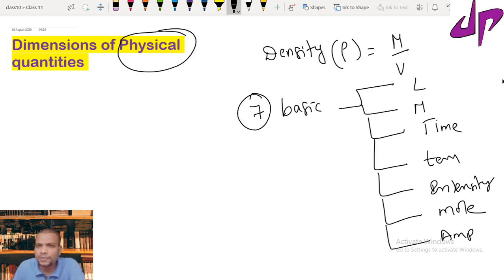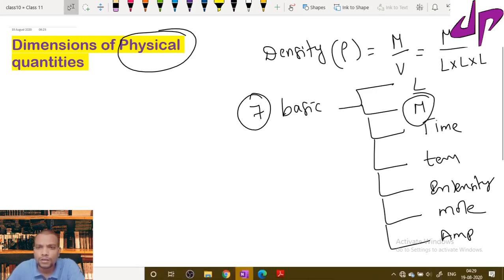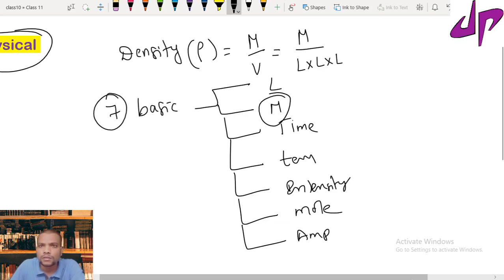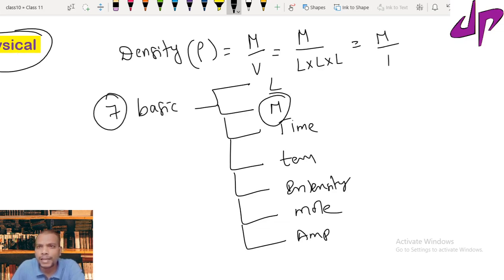In this case, if I take an example, the mass we can take as the letter capital M itself, and volume we can take in terms of length times width times height, all measured in terms of length. So altogether the expression is M upon L cube, L times L times L gives L cube.